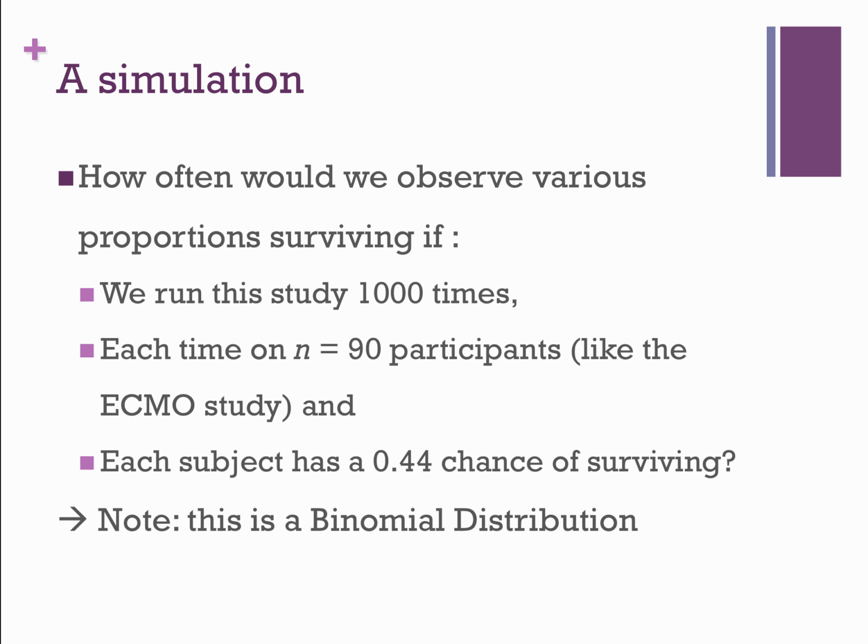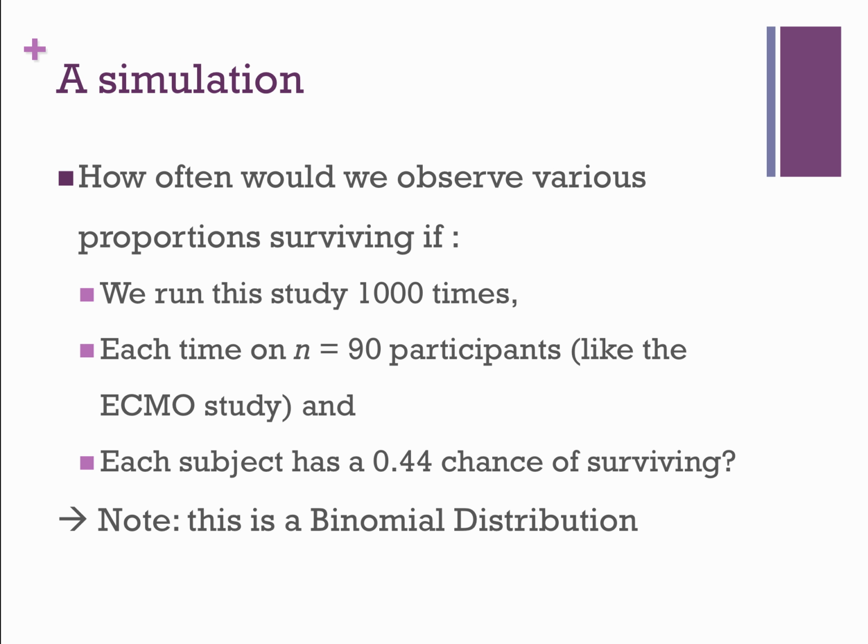So to do this, we're going to do a little simulation. A simulation is where you take data from what you assume to be true, in our case, a chance of 0.44 survival, and we're going to create data. We're going to create data 1,000 times. Each time, we're going to create 90 participants. We want the study run 1,000 times, and each time the proportion surviving is 0.44.